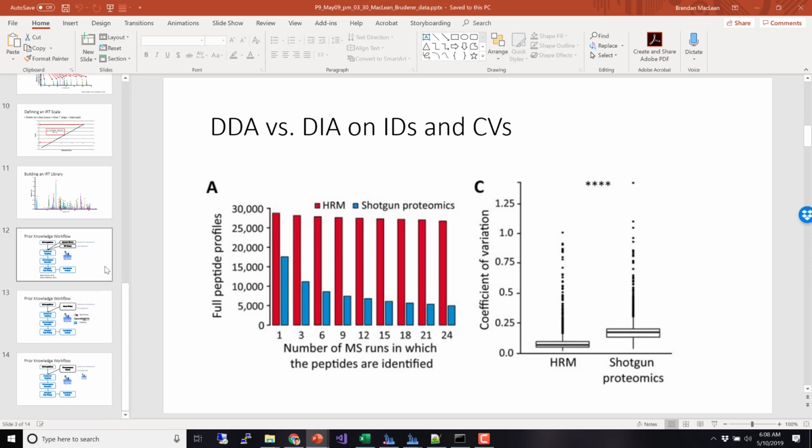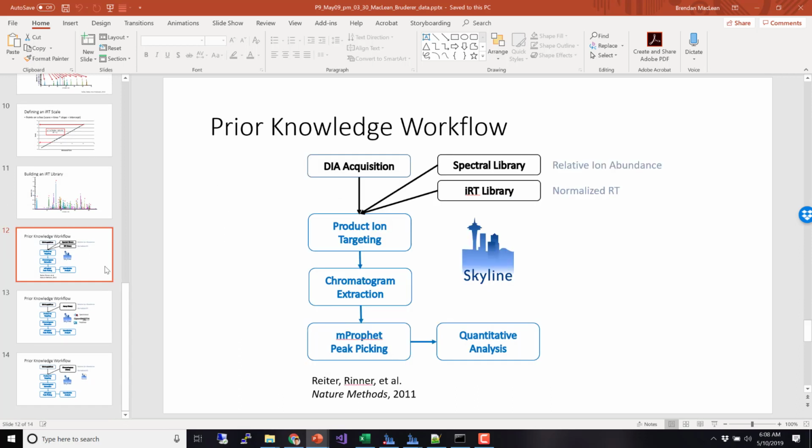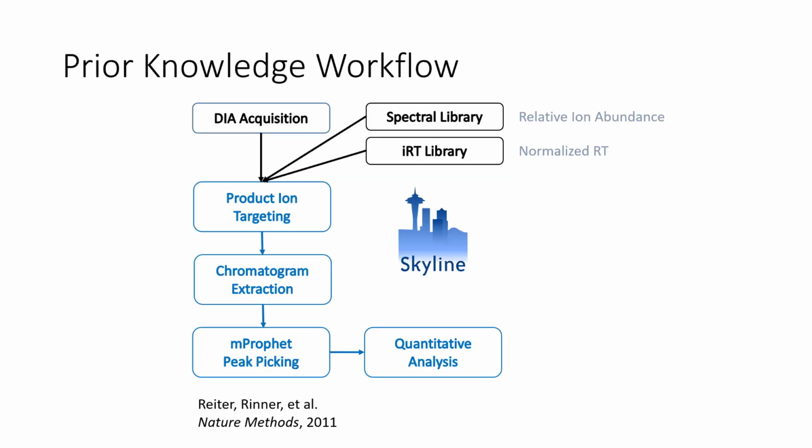And then just the really simple workflow, I've been asked, I wish I had a workflow diagram. So this is really what we're doing, and we're doing it multiple times. You even did this in the sit-down hands-on DIA tutorial, where you built a spectral library, you got an IRT library, normalized IRT.